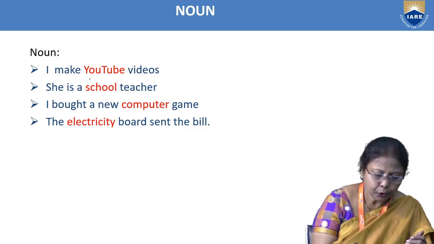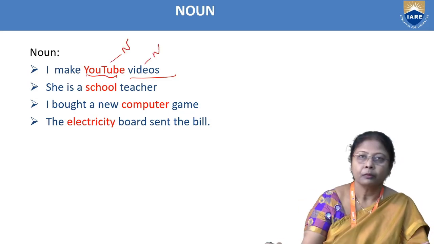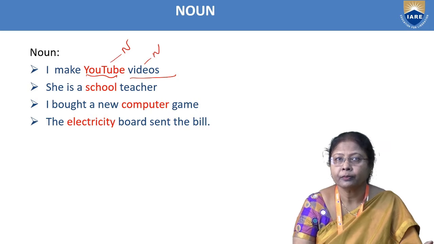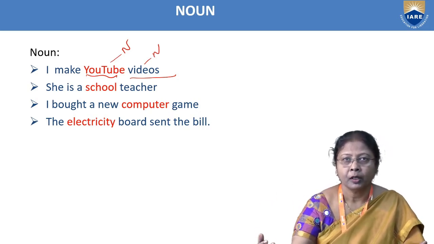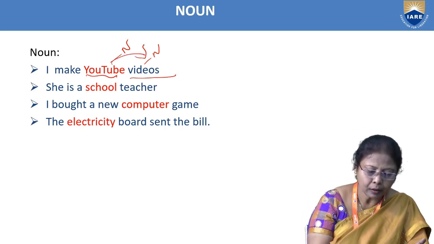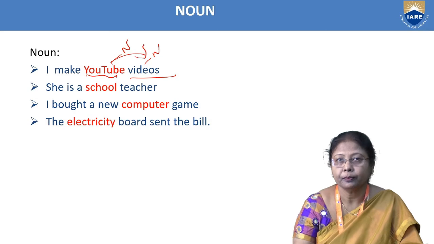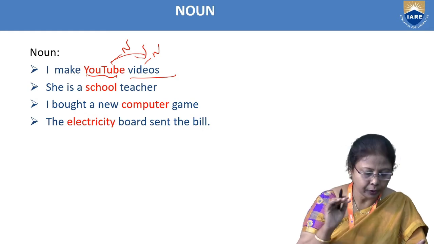Here, YouTube and videos are both nouns only. YouTube is a noun which modifies, or determines, another noun, videos.